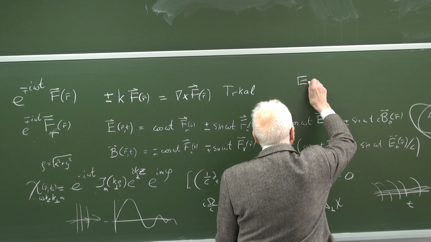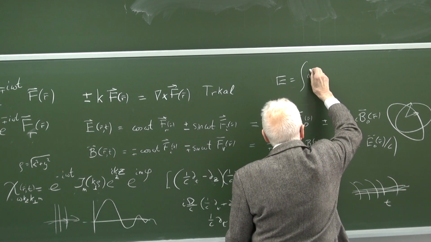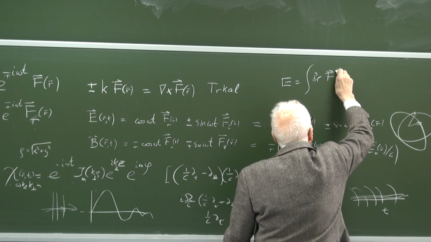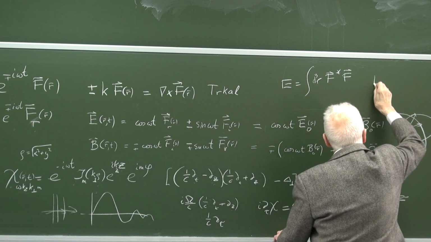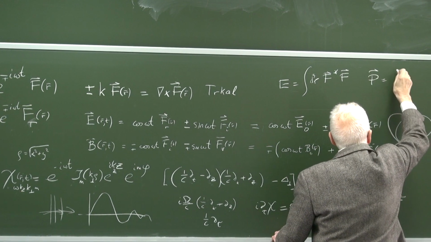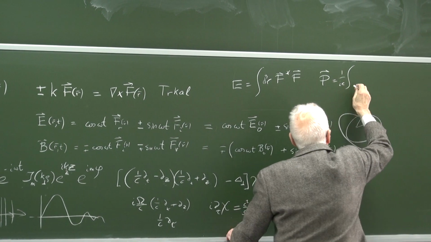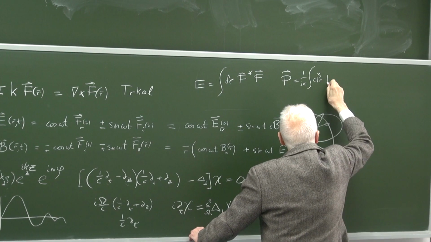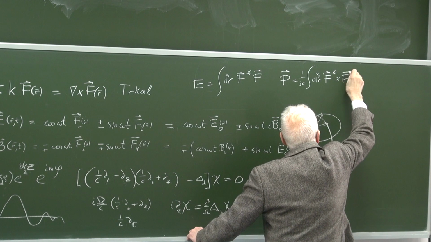The energy of the beam is given by the integral of f star f, and the momentum of the beam is whatever is c d^3r f star cross f.